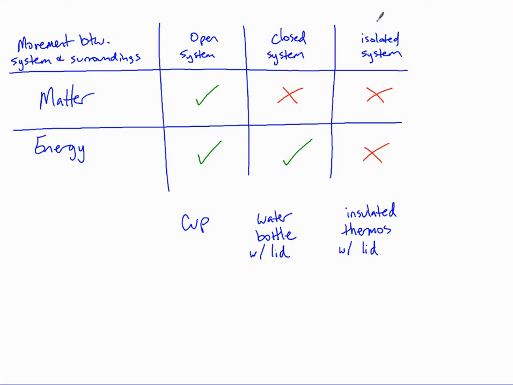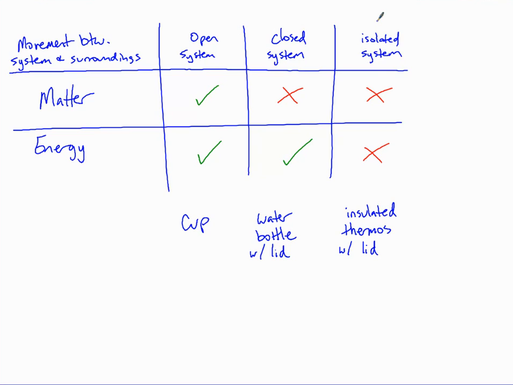And an example of this could be like an insulated thermos with a lid. If you have some coffee and it's cold outside and you want this coffee to stay hot for a long time, you would put it in some sort of an insulated thermos and it might stay hot for 3 hours, 6 hours, 24 hours. It'd be a lot longer than a cup or just a regular coffee mug.